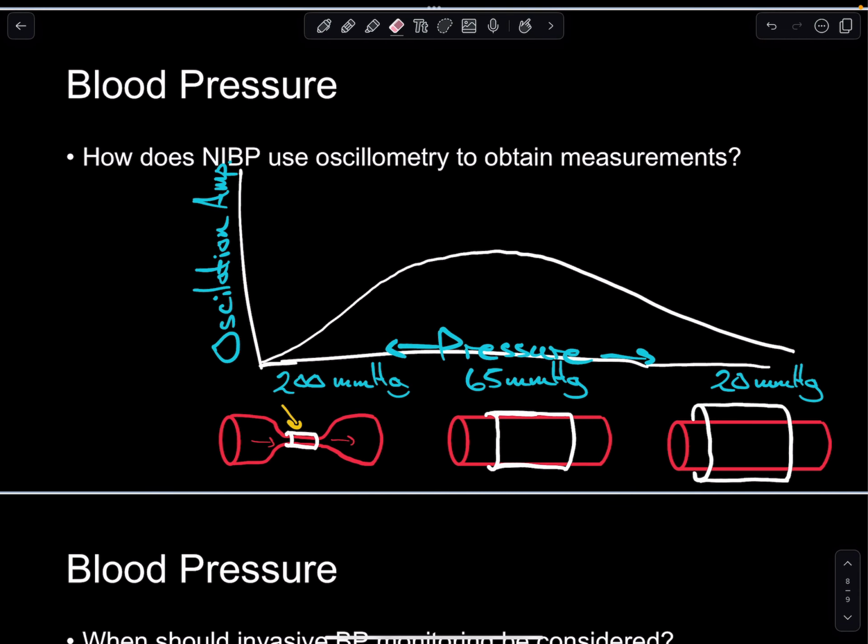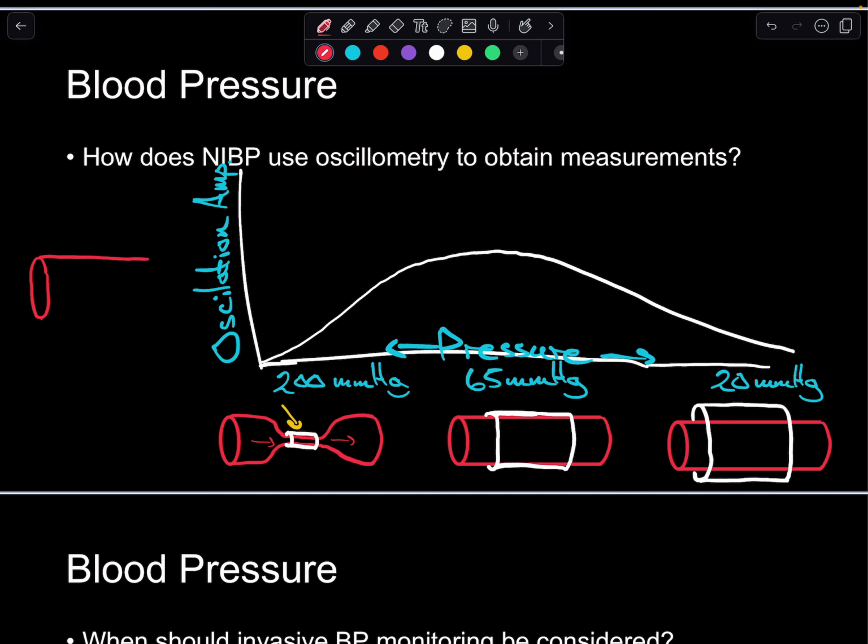So a non-invasive automated blood pressure cuff uses a technique called oscillometry to measure blood pressure. So if you imagine in our patient's arm, they have arteries. That's what I'm drawing here. And in the arteries, they have blood flow that goes through the artery.